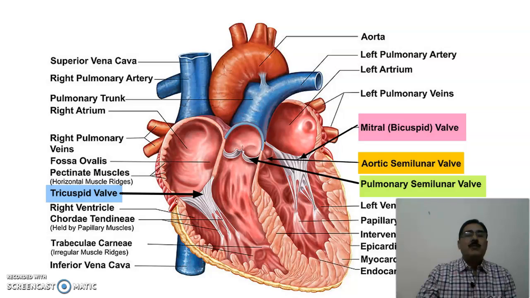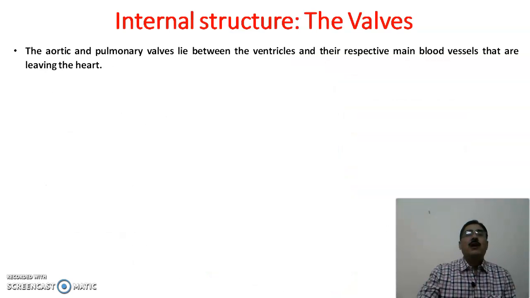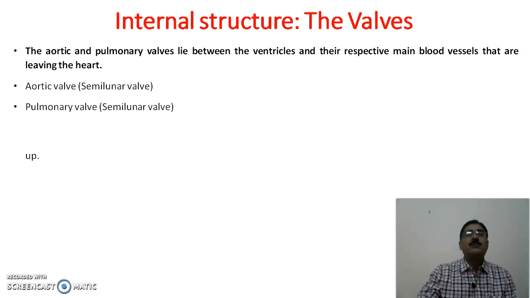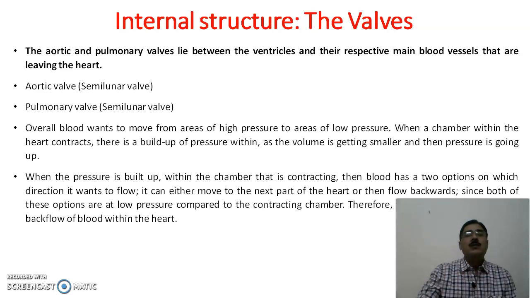This diagram depicts the structure and position of the valves very clearly marked with different colors: the mitral valve, the aortic semilunar valve, the pulmonary semilunar valve, and the tricuspid valve. And if we look at the internal structure of the valves, you can easily observe their main structure.